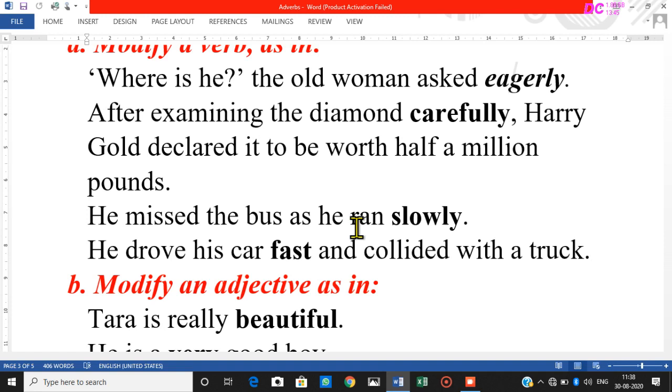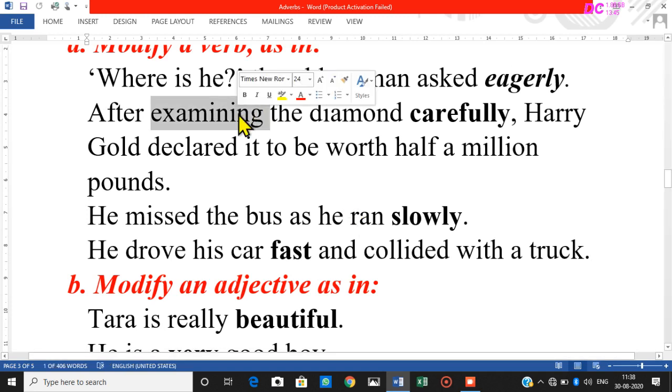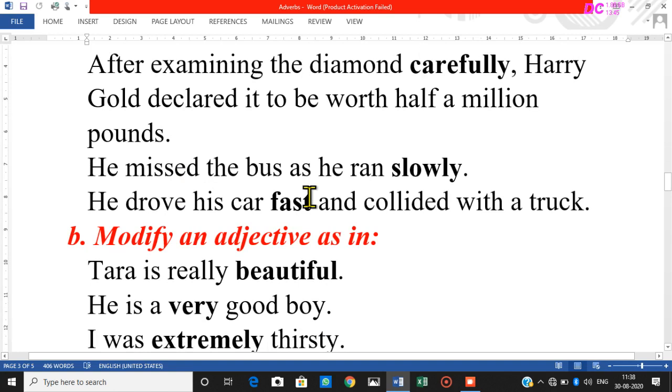Examining is a verb, so carefully modifies the verb examining. Next one, he missed the bus as he ran slowly. यहाँ slowly जो है उससे बस मिस हो गई क्योंकि वो आहिस्ता आहिस्ता दौड़ रहा था. So slowly word modifies the verb ran.